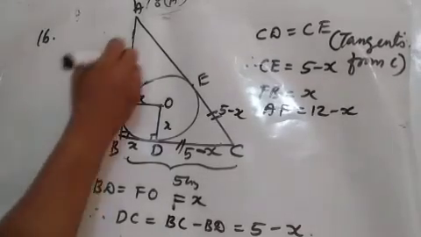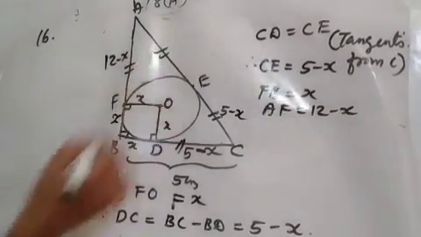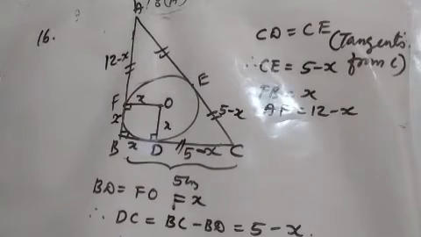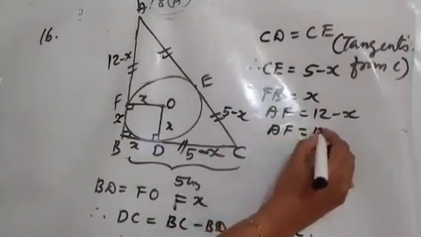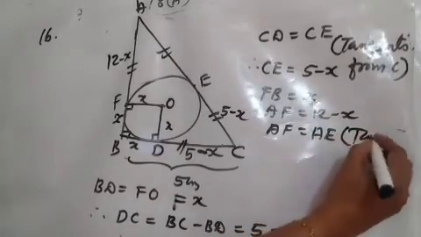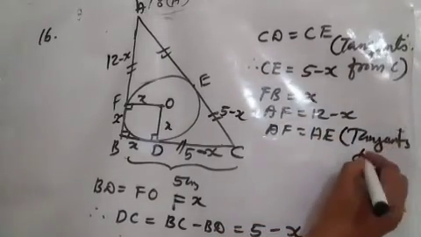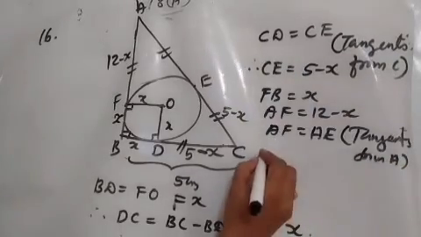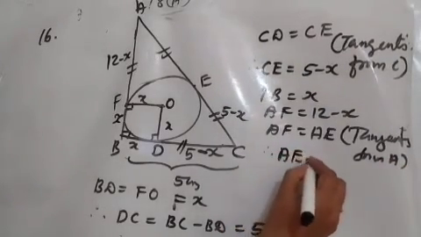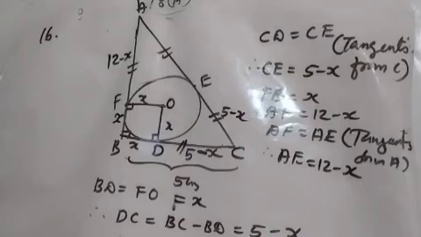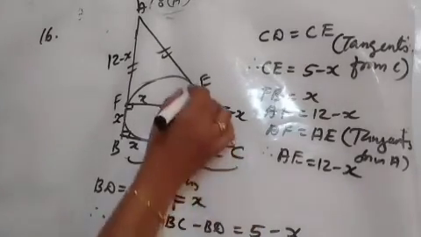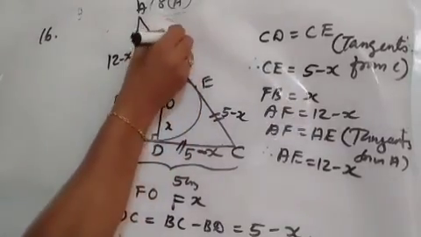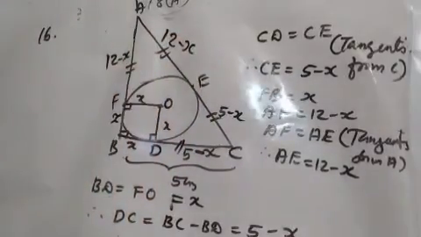And we can say that this AF and AE are equal. They are tangents to the same circle from the same point. AF equal to AE, tangents from A. Therefore, AE also equals 12 minus x. Understood? First part DC and CE are 5 minus x and this portion is 12 minus x.